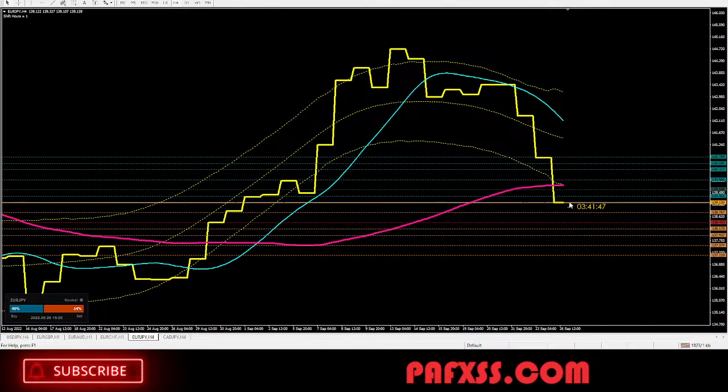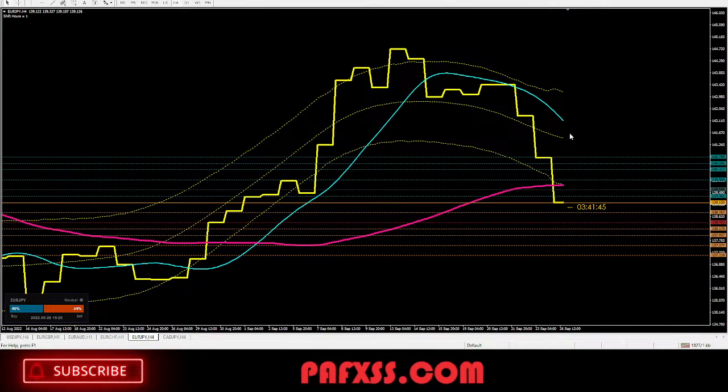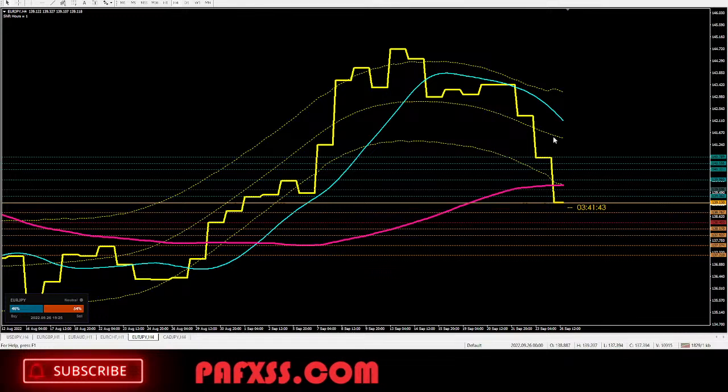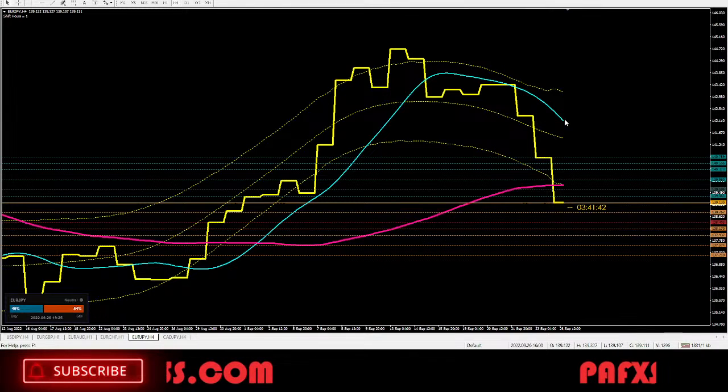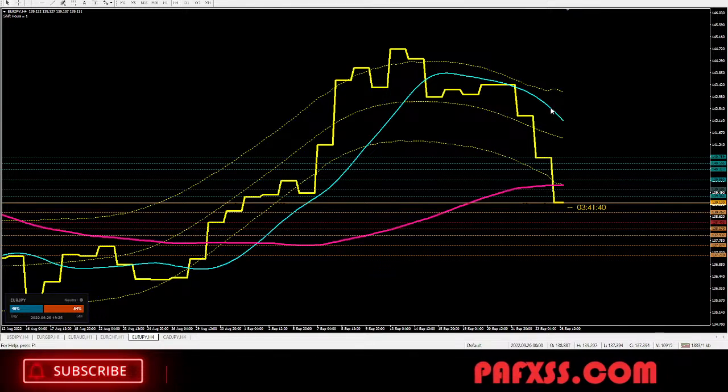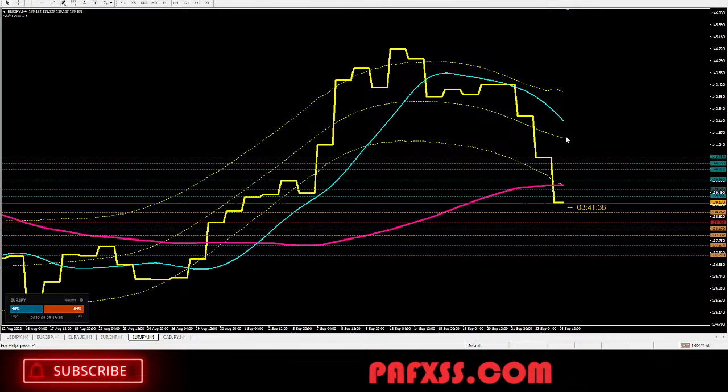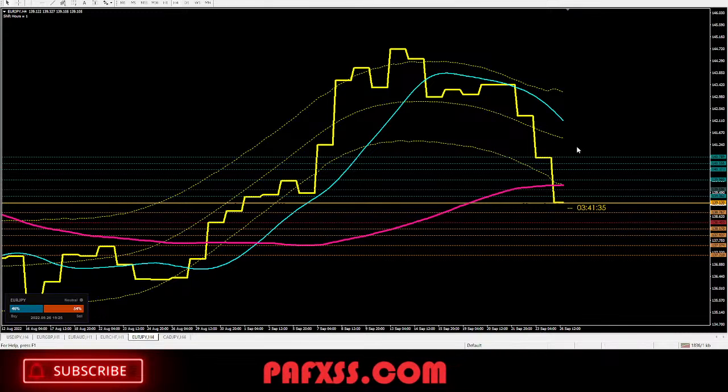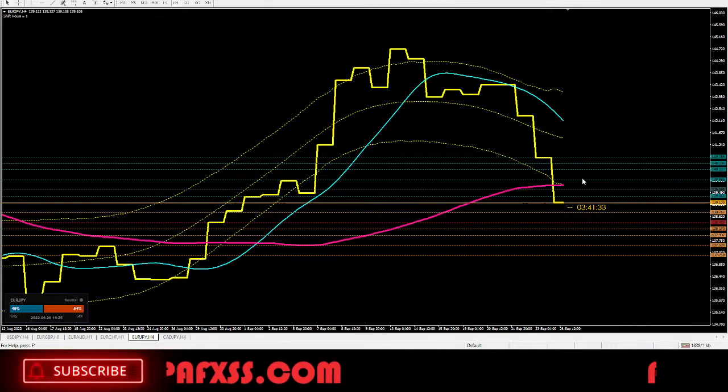But the NT line is still above the middle line channel, so we want to wait until the NT line crosses the middle line channel, then we enter.